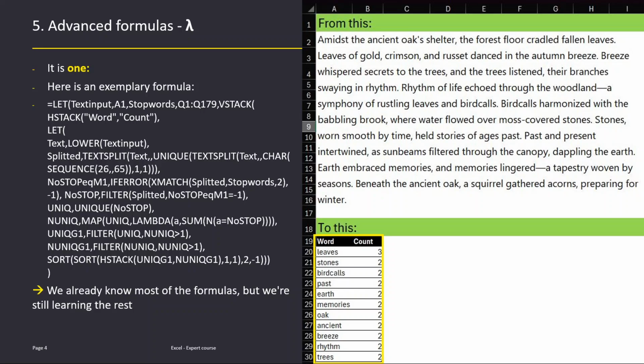And we know most of the formulas. Here you have an IFERROR function, TEXTSPLIT is here, a FILTER is here, UNIQUE is here. So you know most of them. And the rest you will learn, and you will also learn how to do this. So this formula will output this here based on this and the list of generic words on the right side.